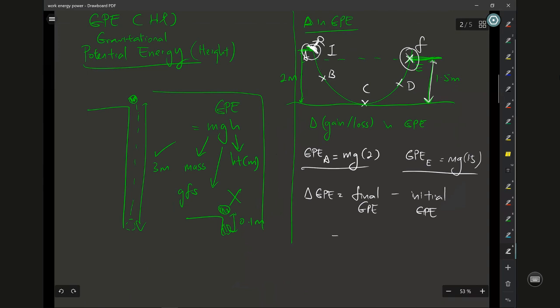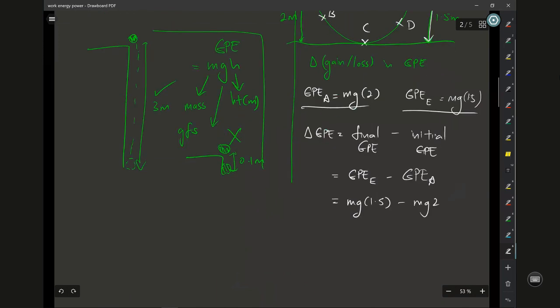So what we have here is GPE at E minus GPE at A, and what we have will be mg 1.5 minus mg 2, and we will have negative 0.5 mg.